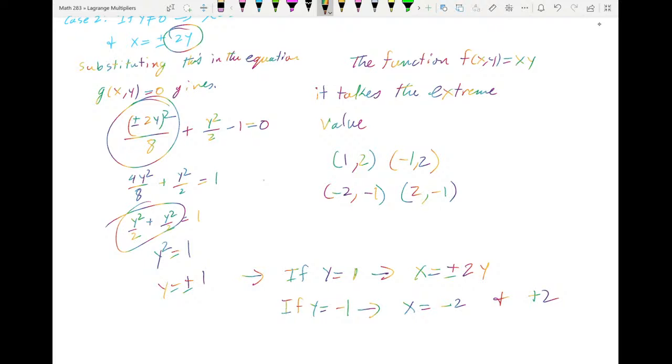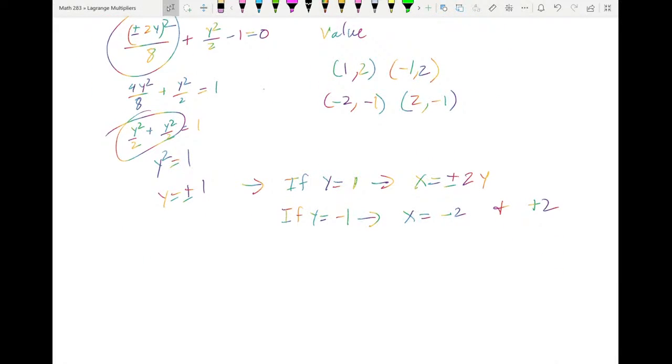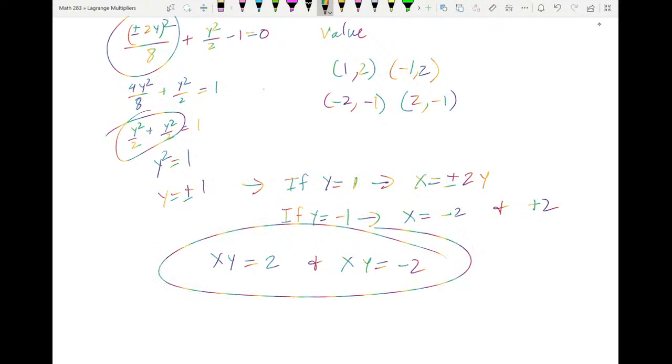So what are the extreme values then? Plug those numbers into x, y. The most value you will get is 2, and the smallest number you'll get is -2. And what combination lets you do that?